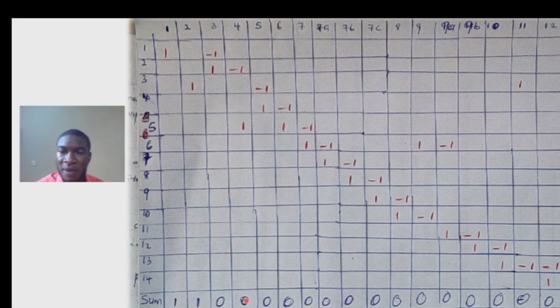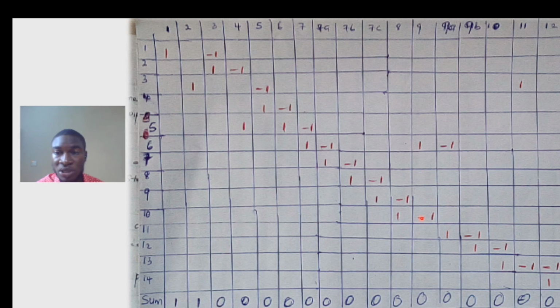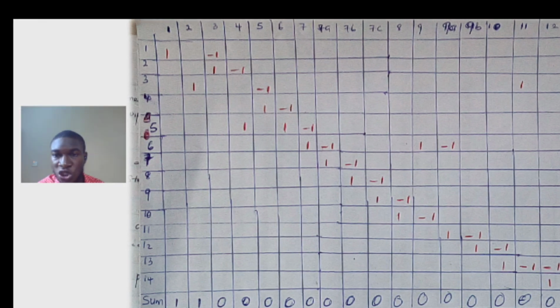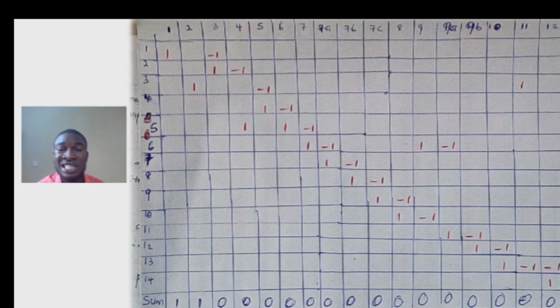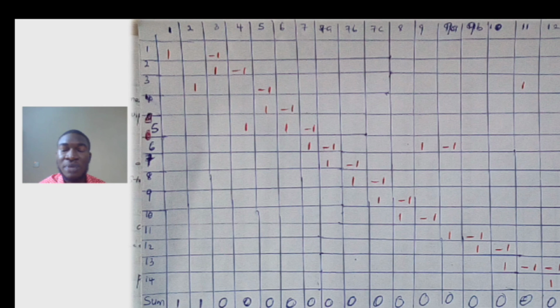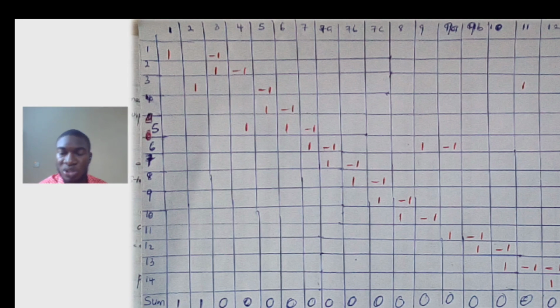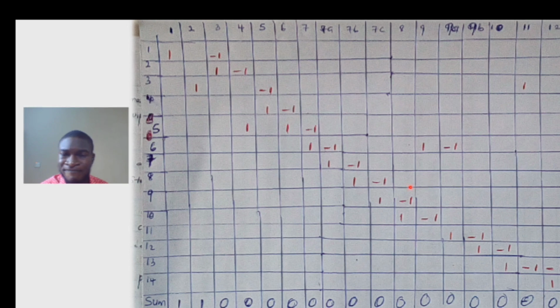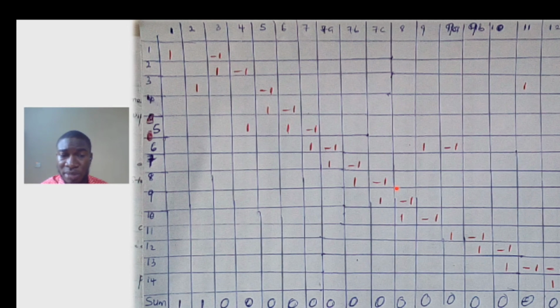Also, you can check out the product streams. Basically you see that the sum for stream 14 is equal to 1, because stream 14 is a product stream. You can also check your stream connection matrix.